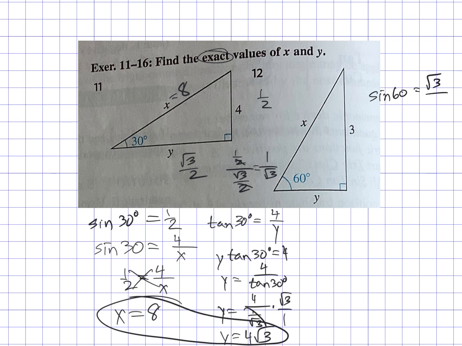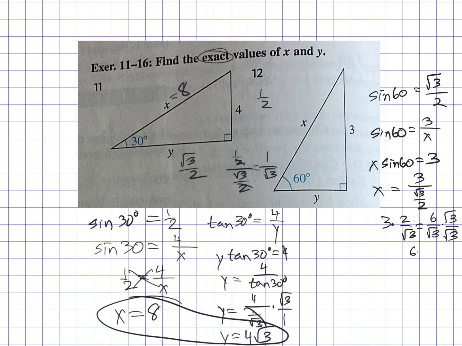Sine of 60 is square root of 3 over 2. So if we take the sine of 60, it's the opposite leg over the hypotenuse. Again, multiply both sides by x and divide off the sine of 60. So the sine of 60, we said, was the square root of 3 over 2. So the top times the reciprocal of the bottom gives us 6 over the square root of 3.